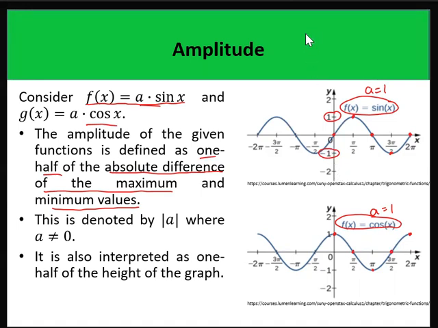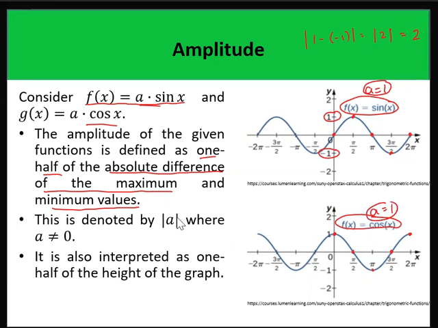So if we get the absolute difference of 1 and negative 1, that's going to be the absolute value of positive 2, which is 2. And then if we get half of this absolute difference, the half is equal to 1, which is our amplitude.